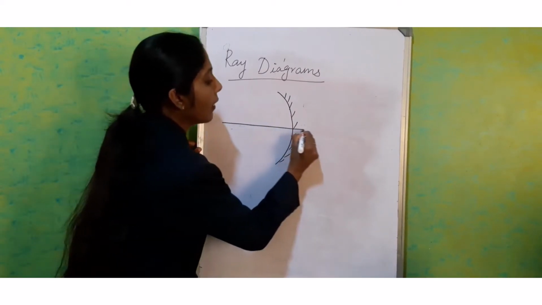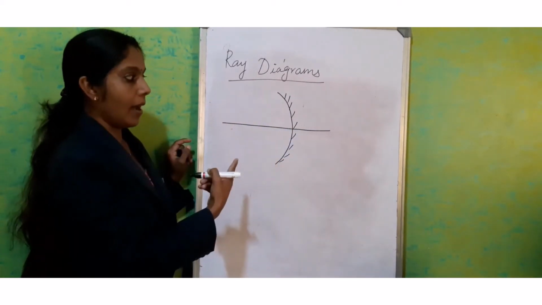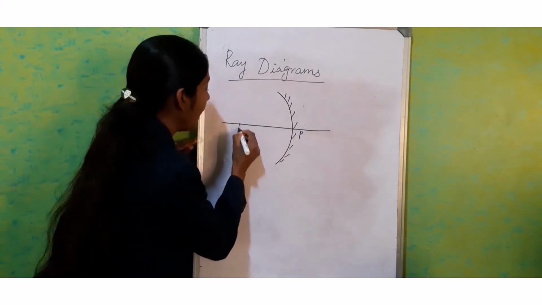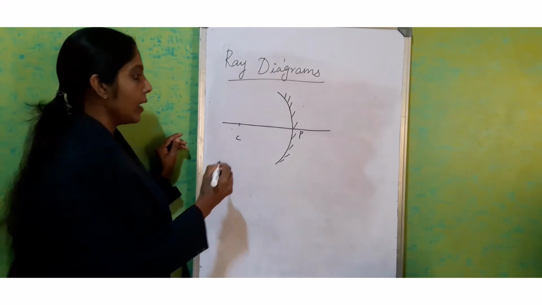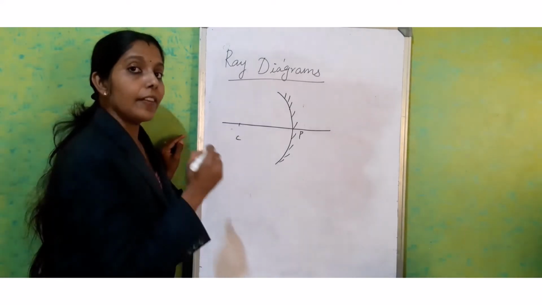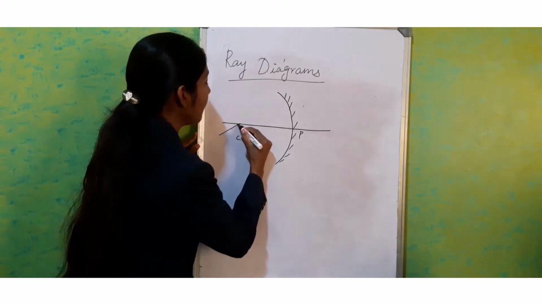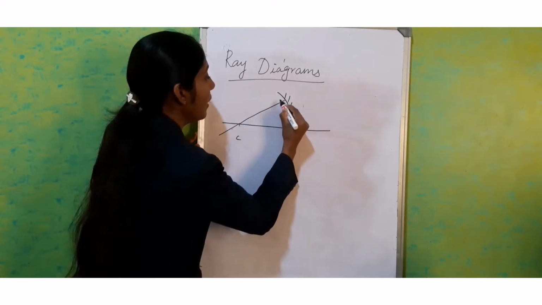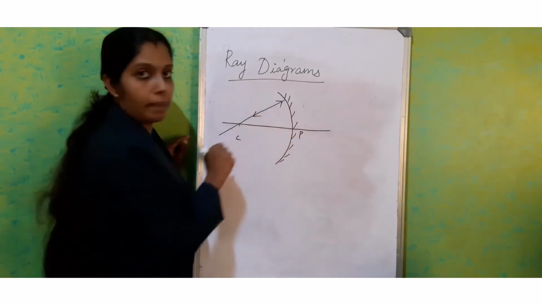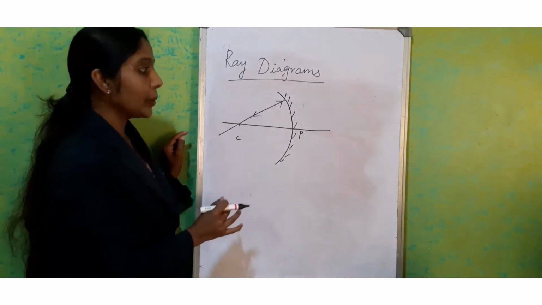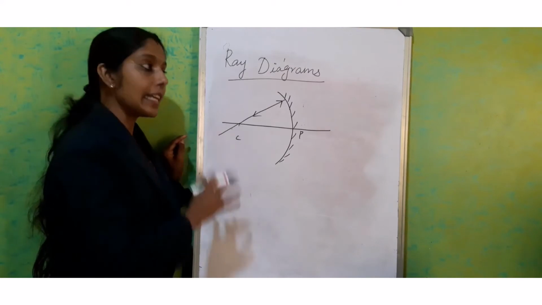Consider this as a concave mirror. We should mark the pole and the center of curvature. Any ray passing through the center of curvature will, after reflection, retrace the same path.